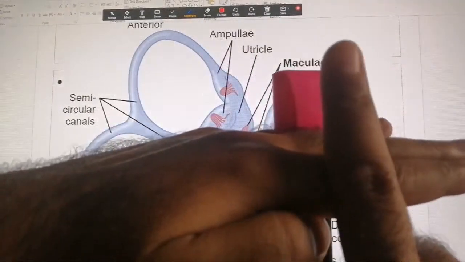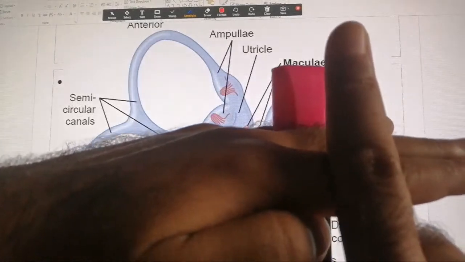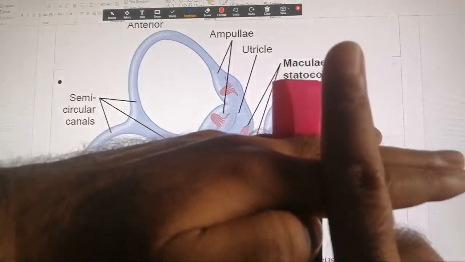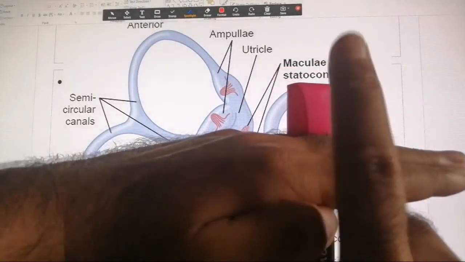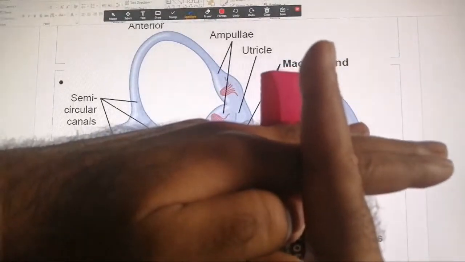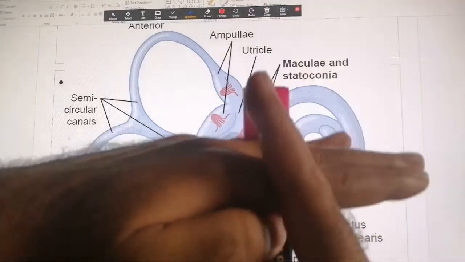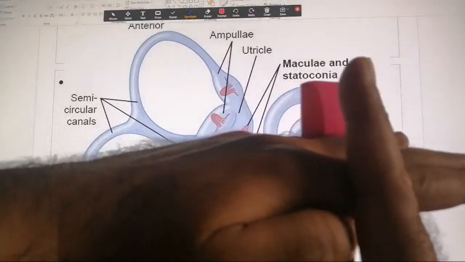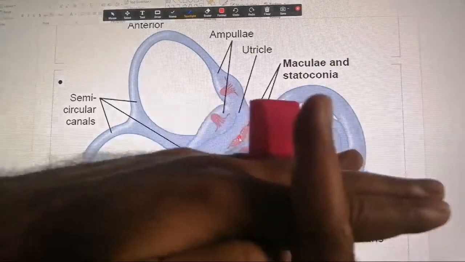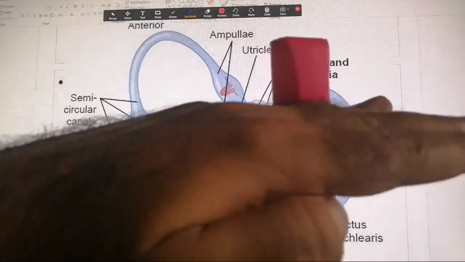Did you get what I just did? If the hair cells are arranged like this, when the whole thing goes forwards, they will be pushed backwards, or when it goes backwards, they will be pushed forwards. So you understand that.